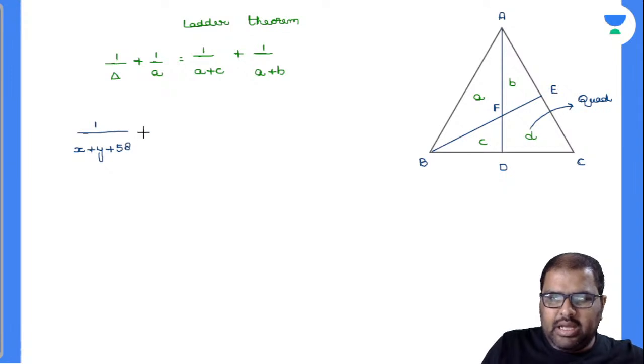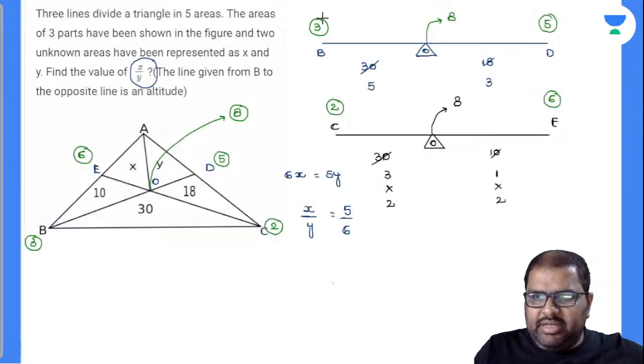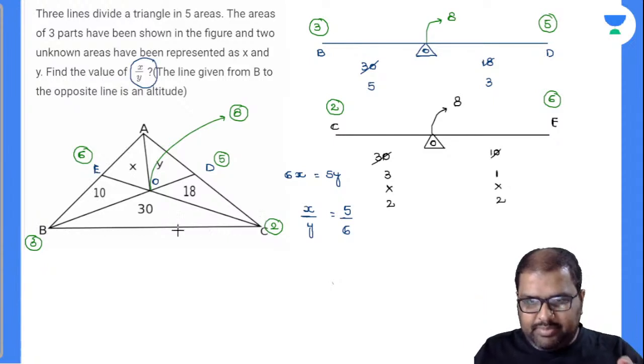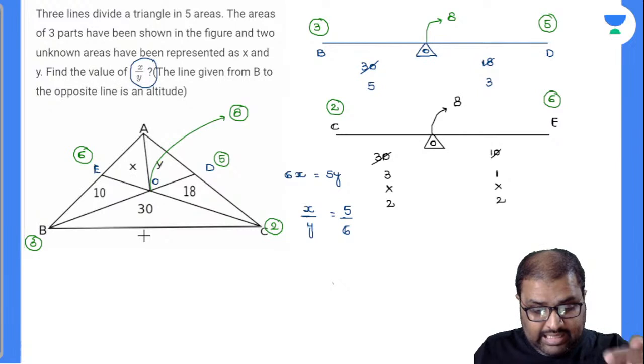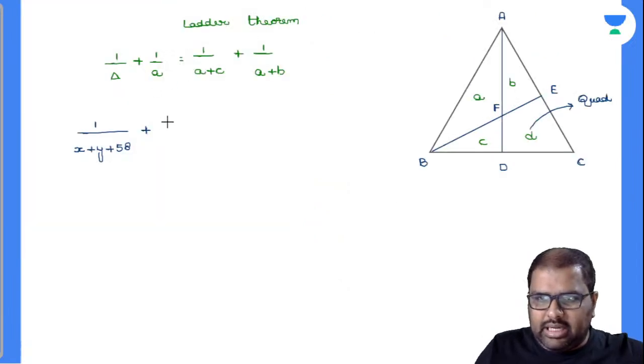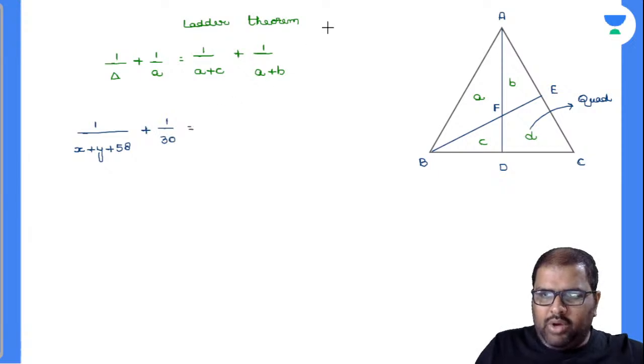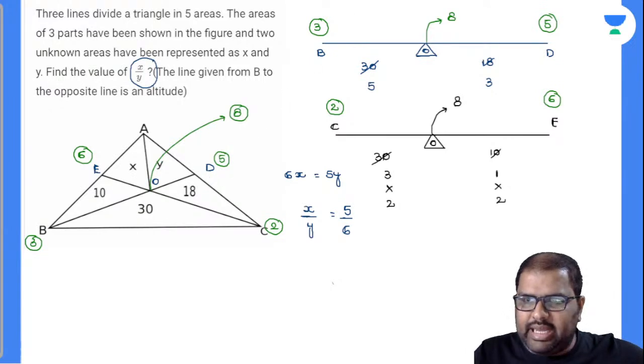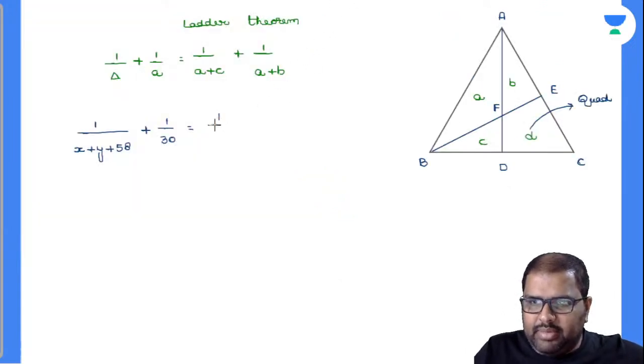Plus, now which has the largest base? BC has the largest base and the area of the triangle at that base is 30. So I'll take down 1 by 30, equal to, now run along one line segment there, run along BD. What are the areas of the triangles that you are observing? 30 plus 18, 1 by 30 plus 18. I'll take down 48.